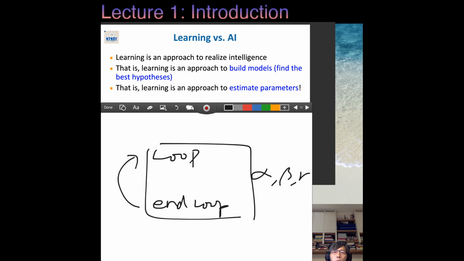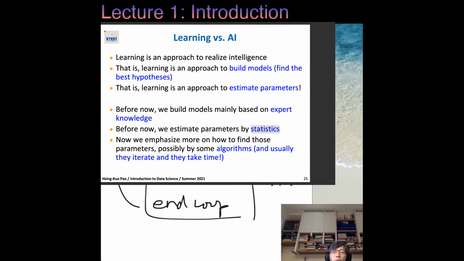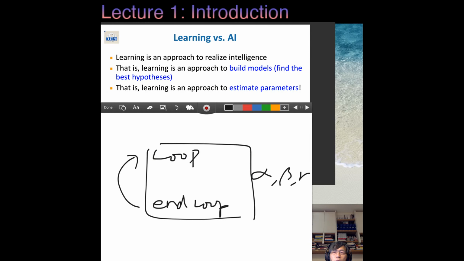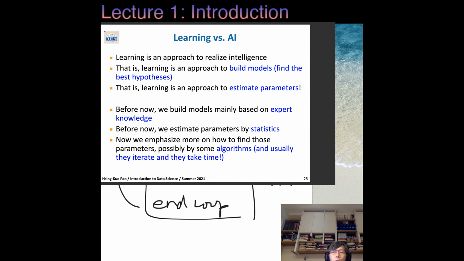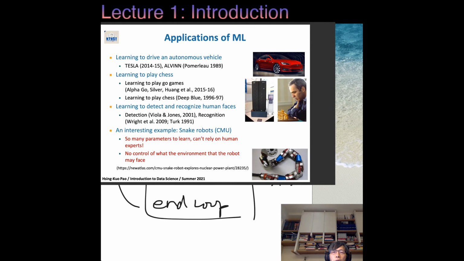So before now, those parameters were decided by a statistician. Not anymore. Maybe more robust, they'll be done by a program based on an iterative procedure.